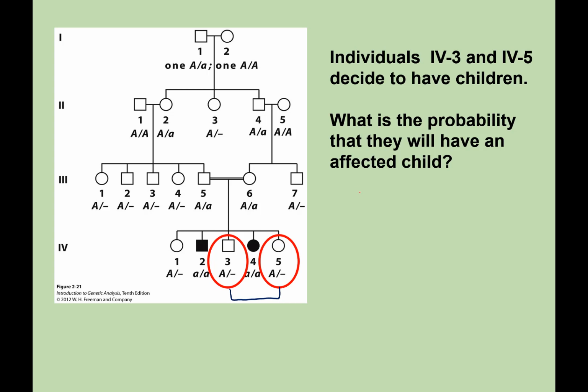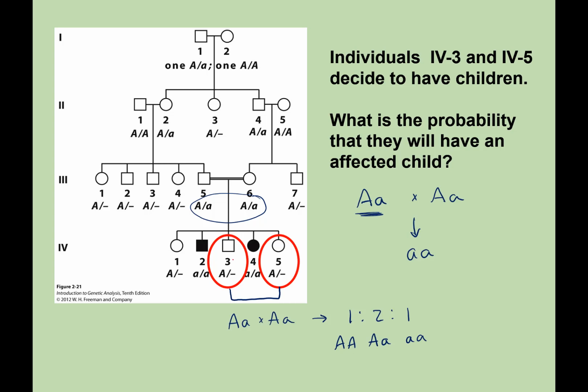So, again, these parents both have to be heterozygous to have an affected child. The probabilities are different here because if you look at their parents were both heterozygous. So we know that you get a 1:2:1 genotypic ratio.